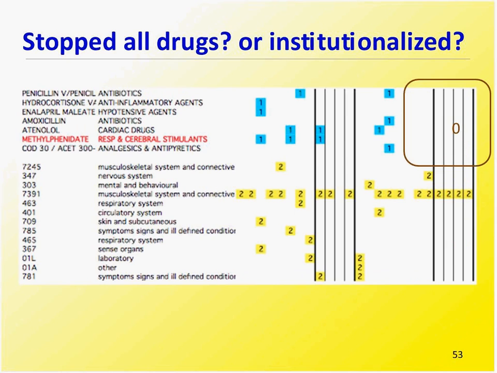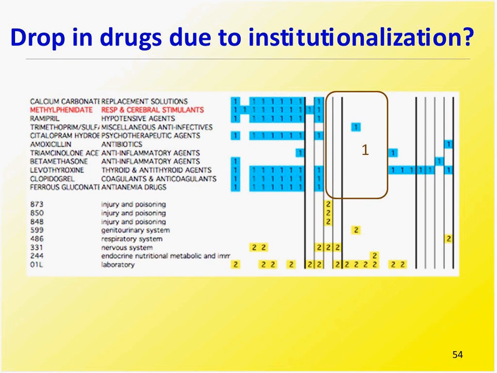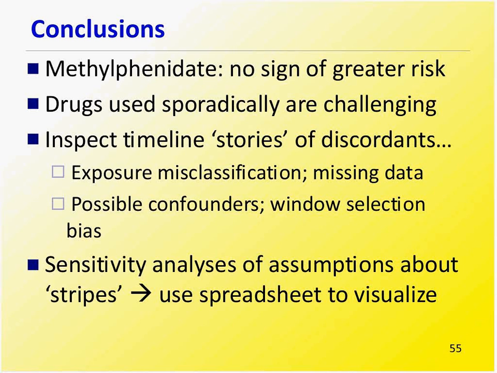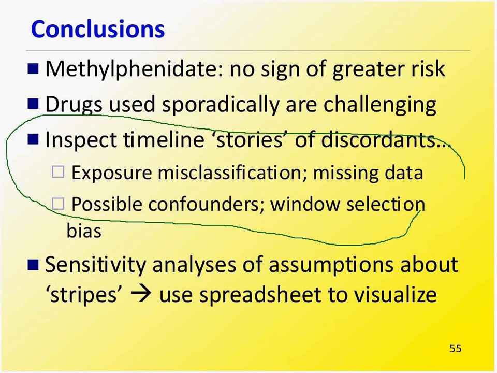So looking at the raw data in a self-controlled case series is more informative than in a regular cohort study, because you've got the case and the control period shown. So that's my final take-home message, and I'm now open to questions.